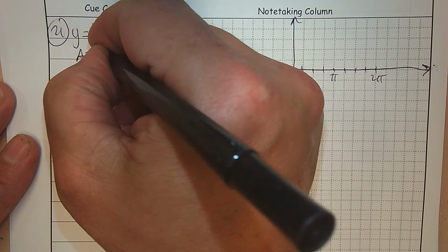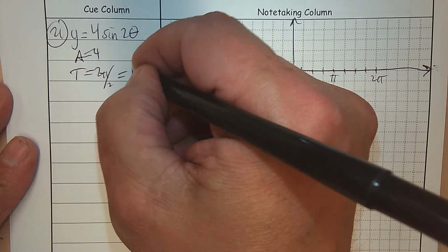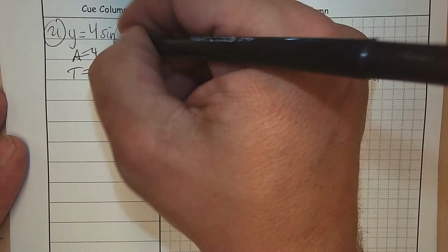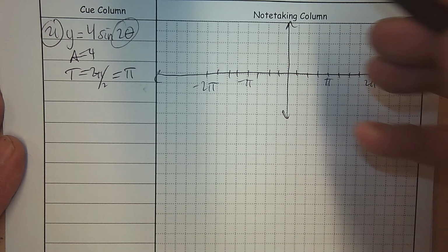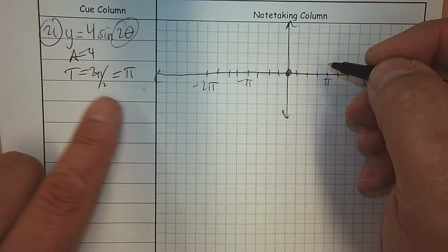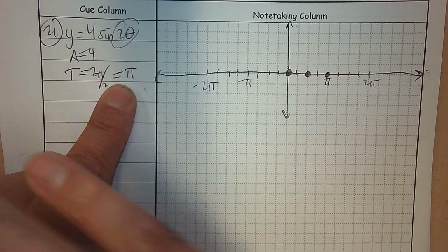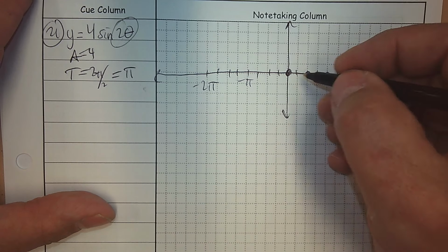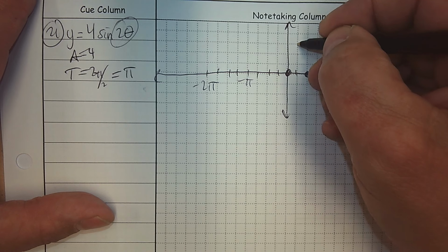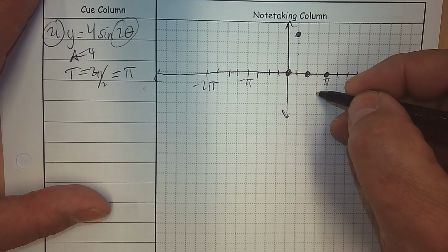All right, so I need to know the amplitude. I said it's 4, and the period would be 2 pi, but we're going to divide by 2. So we're going to undo what's happening inside the function. So now the period is pi. Sine starts in the middle, and then the period ends at pi. And then in the middle between those is the third middle point for the wave. Midpoint, midpoint, midpoint. Then between the first two midpoints, it goes up to 4 because it's positive in front. And then the next two, it goes down to negative 4.